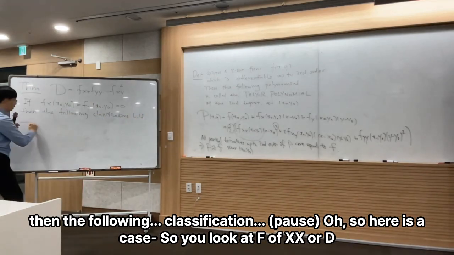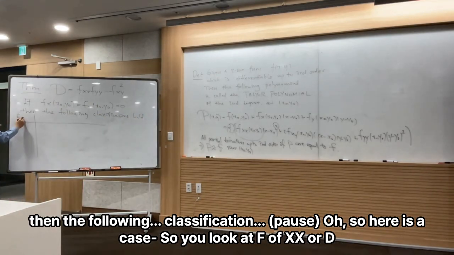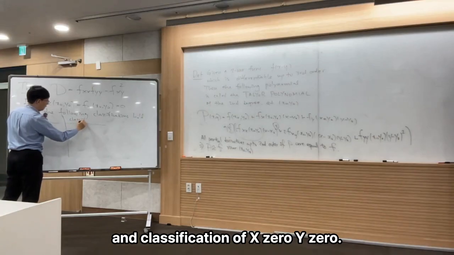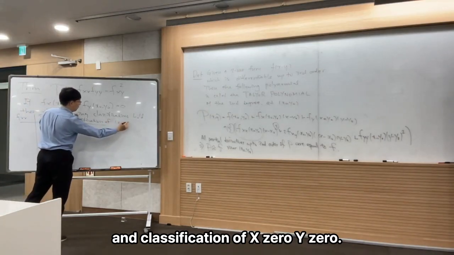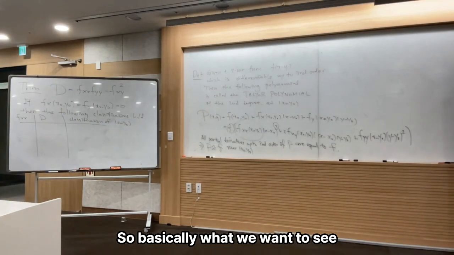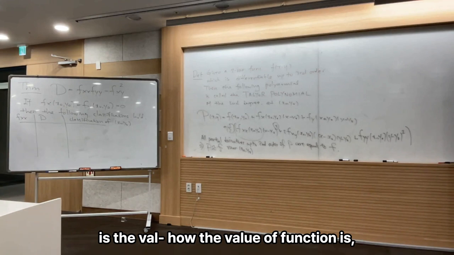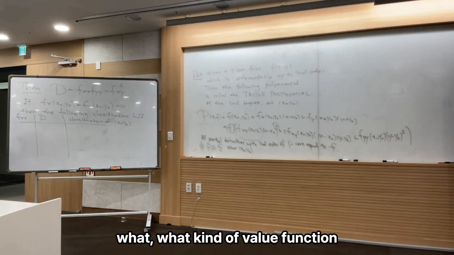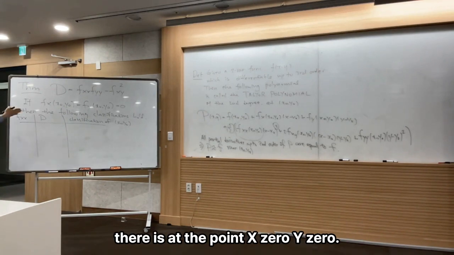So here is a case. You look at f_xx and D and classify (x0, y0). Basically what we want to see is what kind of value the function has at the point (x0, y0).